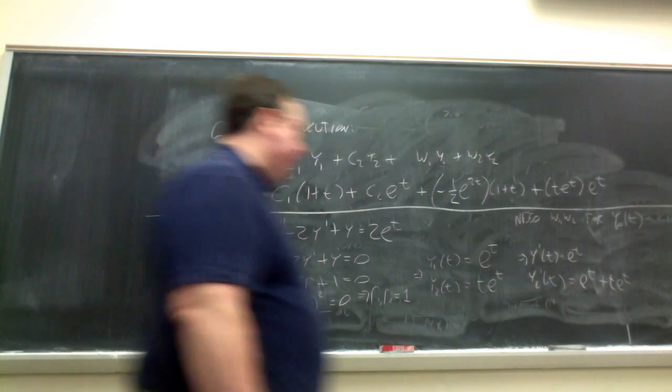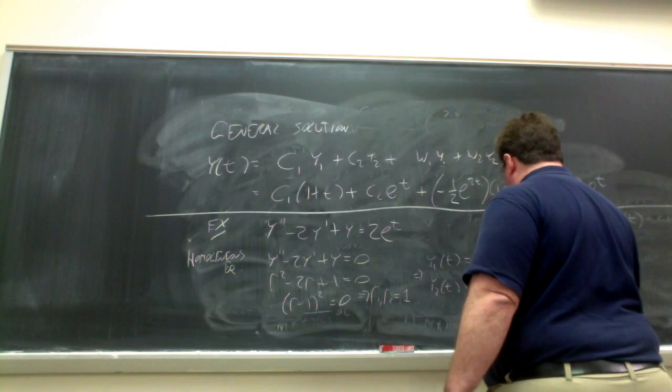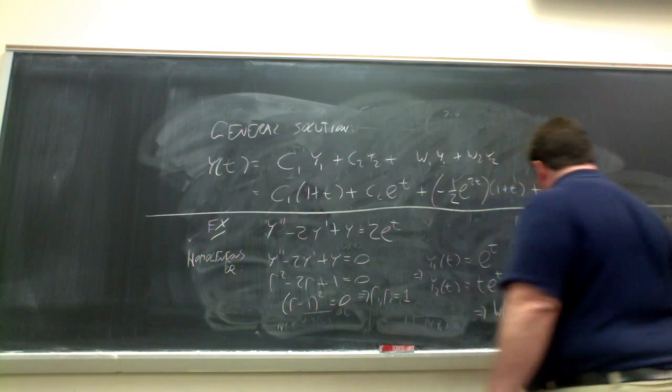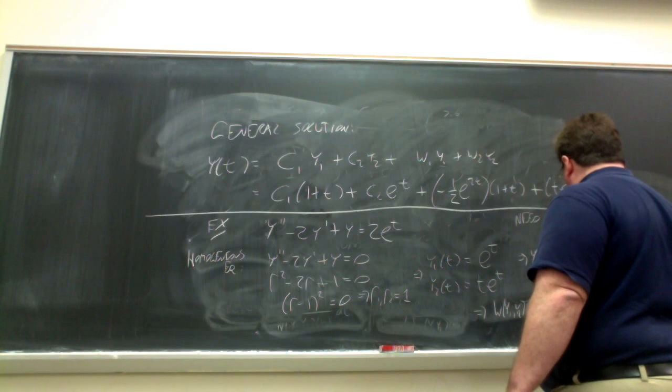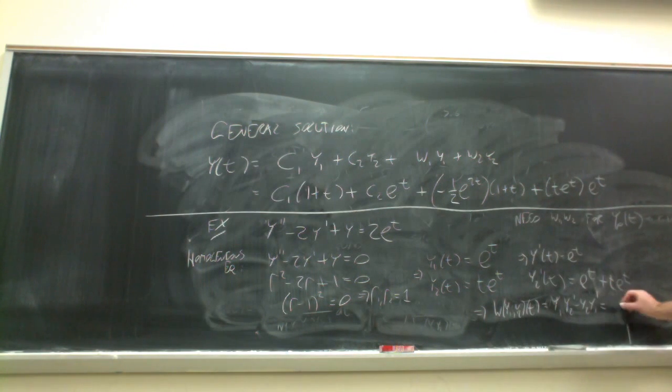The Wronskian, yeah. So that's y1 y2 prime minus y2 y1 prime. So we have e to the t times (e to the t plus t e to the t) minus t e to the t times y1 prime, which is e to the t.